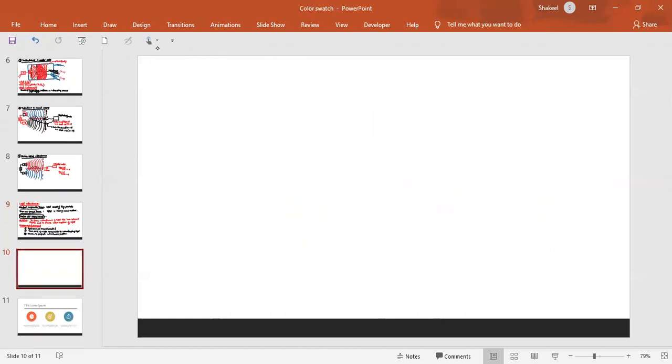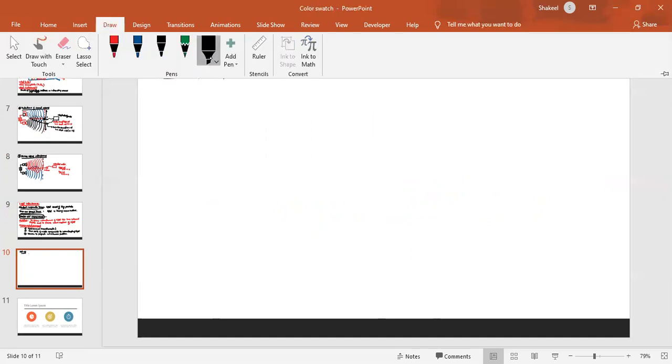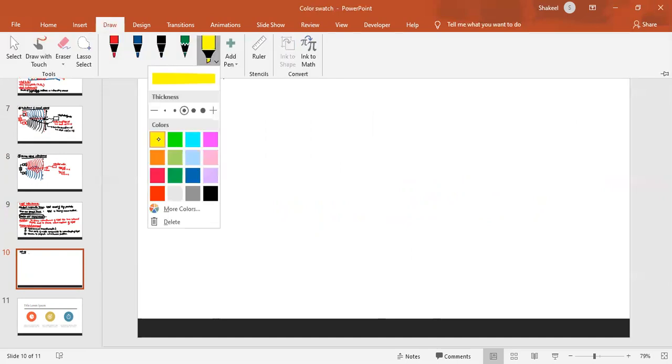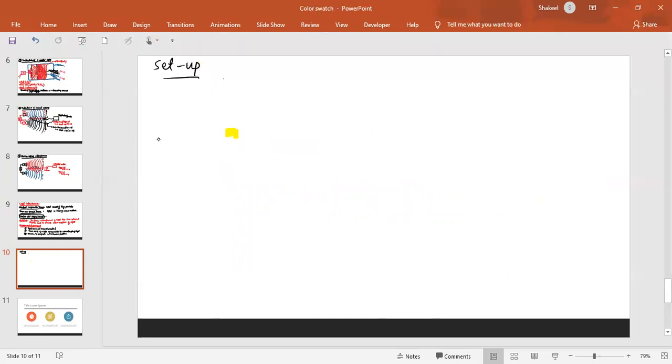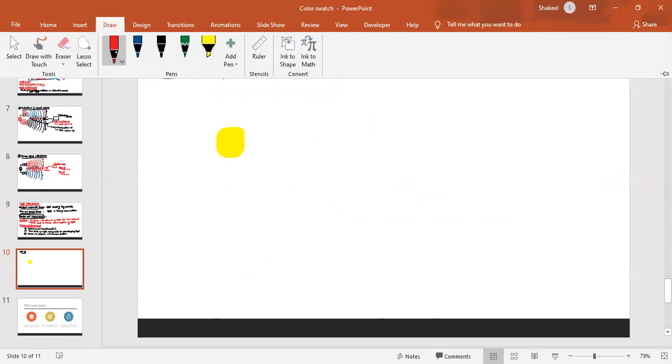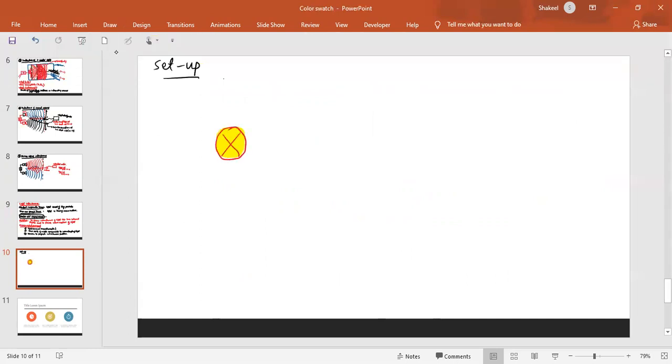Let's move on and see how his setup was. Let me draw his setup. First of all, he used a light source. Let's say this is the light source, you can say it is a lamp producing light.